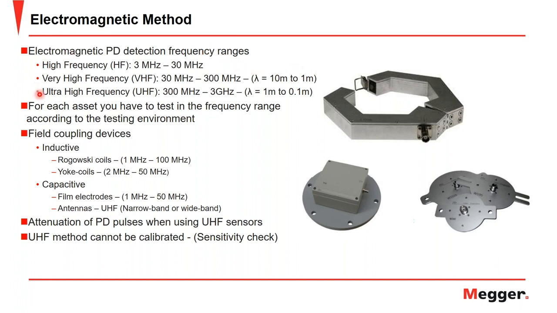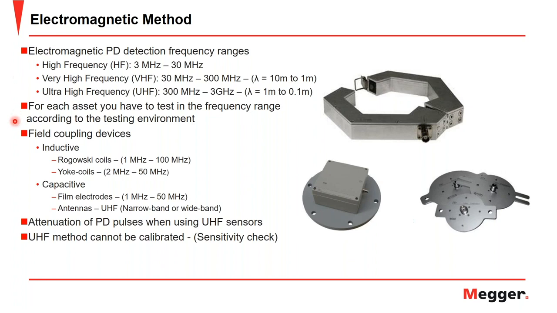And then the ultra high frequency range, UHF, ranges from 300 megahertz to 3 gigahertz and corresponds to wavelengths between 1 meter and 1/10 of a meter. For each asset, you have to test in the frequency range according to the test environment. So be wary of outside noise, radioactivity, airports, things of that nature that may get into your coupling devices.